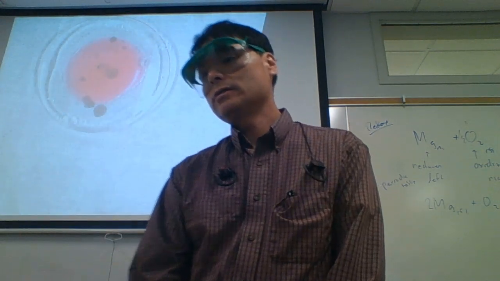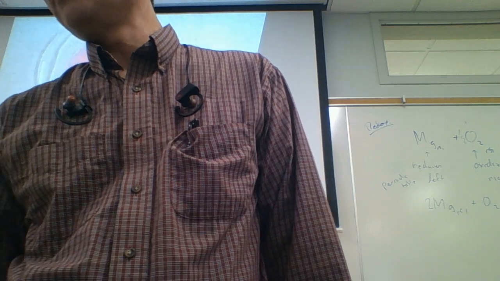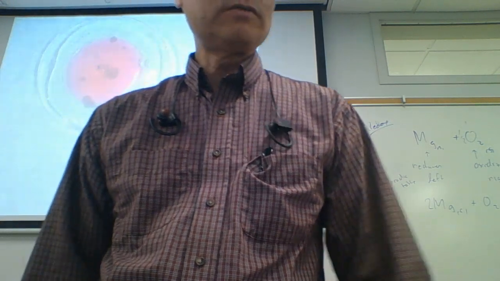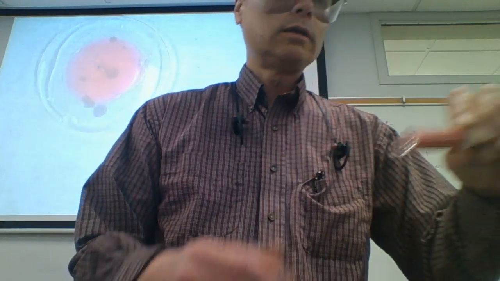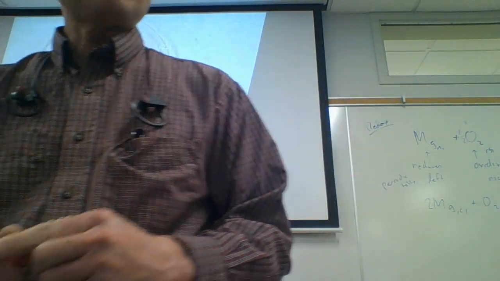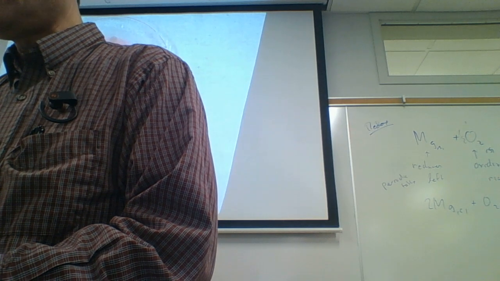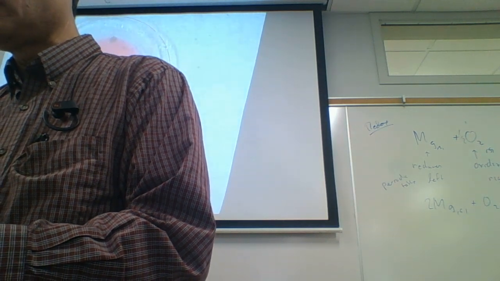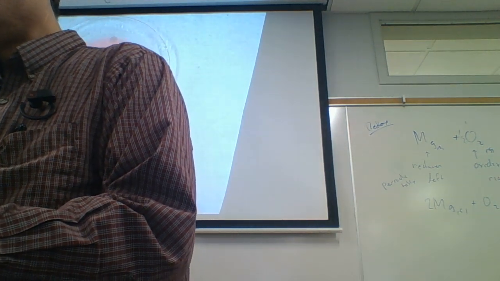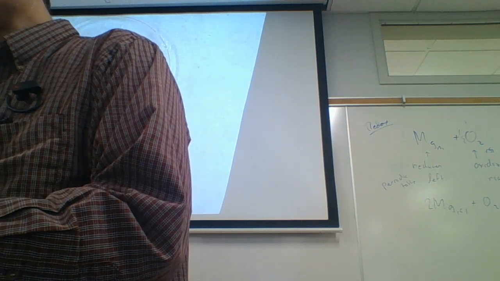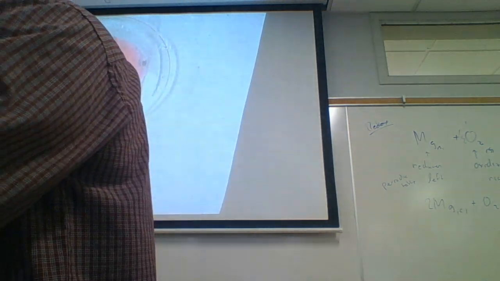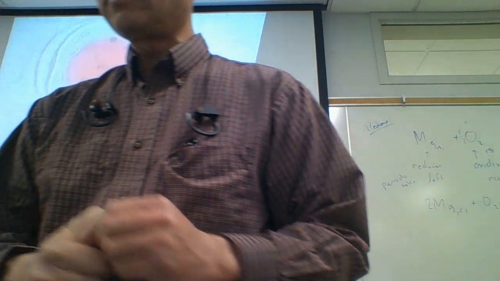It turns out the litmus paper wasn't sensitive enough, because the red litmus should have turned what color? Blue. But if it's not basic enough, then we may not notice it. Whereas the phenolphthalein is a little more sensitive, maybe a lot more sensitive in this case. Sometimes these reactions are sluggish because magnesium oxide is pretty insoluble.